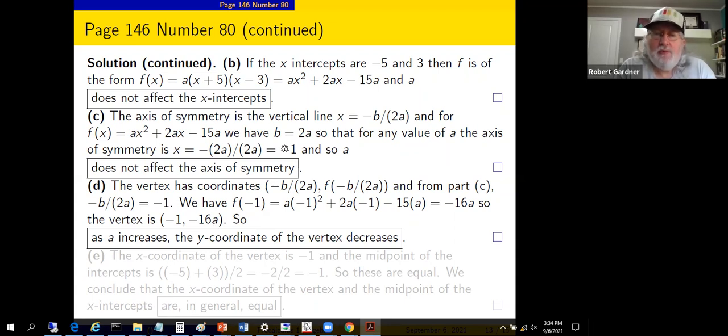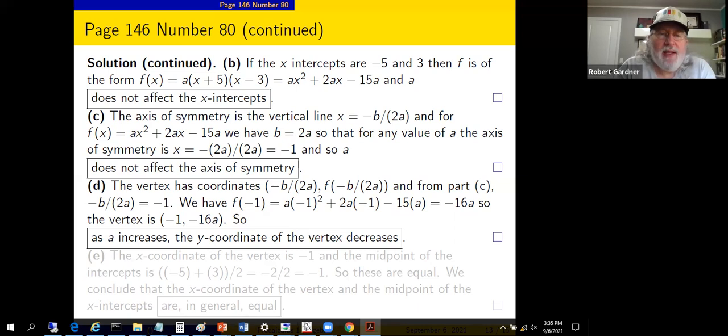I've got no expressions of a in the axis of symmetry, no a's in the intercepts. They're always -5 or 3, follows from these two factors, but there's an explicit appearance of a in the y coordinate of the vertex. So however you wish to express it, definitely the vertex is affected by the value of a. It affects the function values and so affects the location of the vertex.